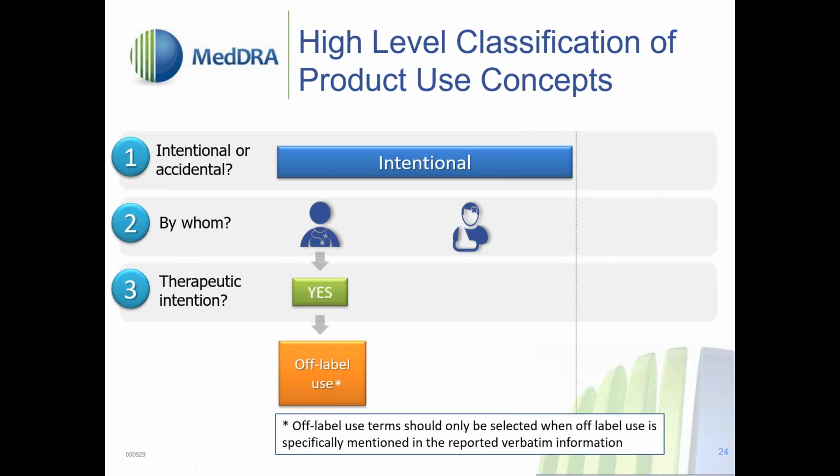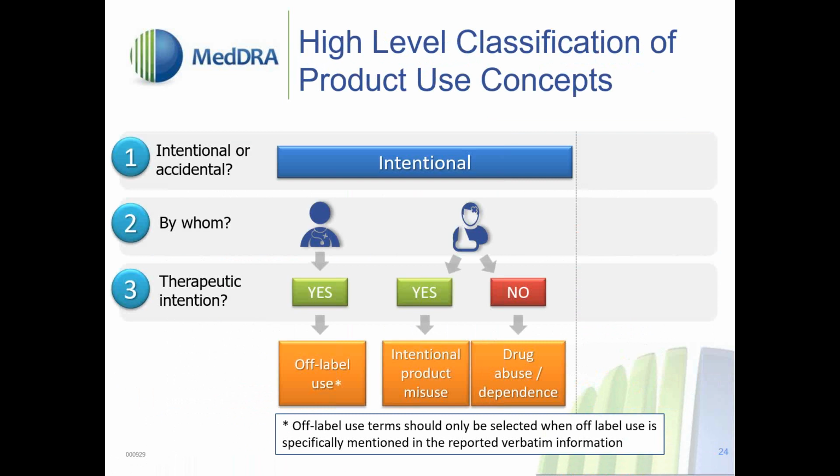If an intentional deviation from the product information originates from the patient or consumer and happens in the therapeutic setting, we classify this as an intentional product misuse. And if the deviation does not occur within the therapeutic use of the product, the deviation is classified as either drug abuse or drug addiction, drug dependence.